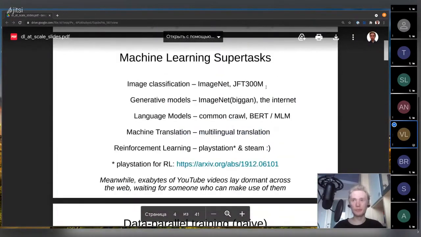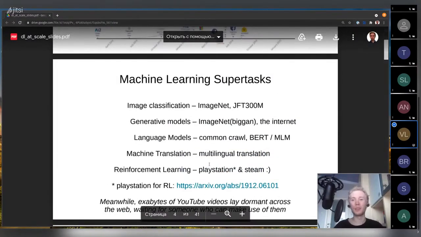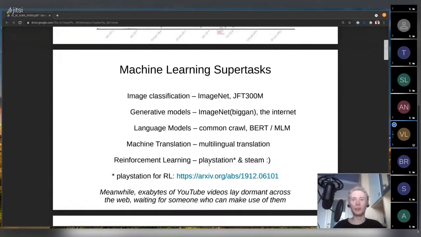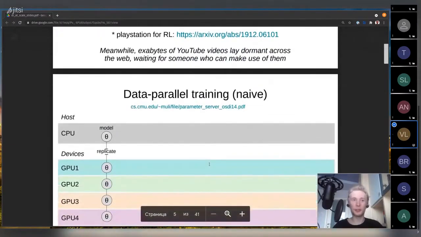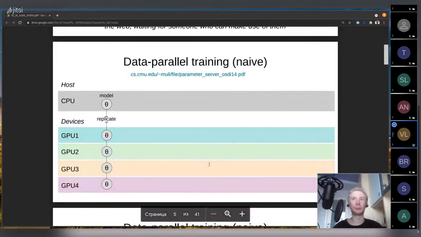So what can we do? Well, the first and most obvious thing to do is to run data parallel training. It's because we definitely know that our data set isn't fitting on one GPU.